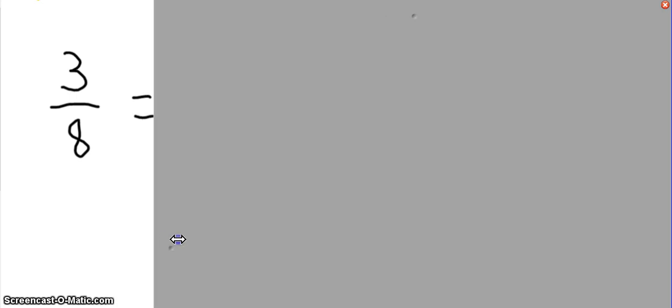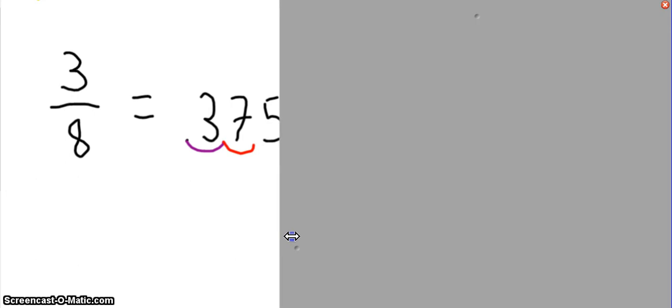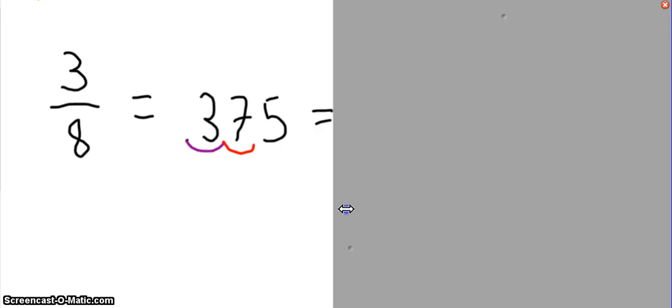I would like you to look at the 3/8 problem that I have written down here. We know how to convert a fraction to a decimal and a decimal to a percent. But how do we convert a fraction to a percent? That will be using all of the methods that we've been using already. So we'll take our 3/8, and we know that equals 0.375.